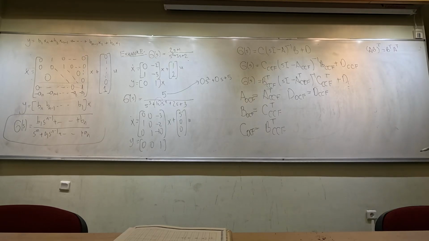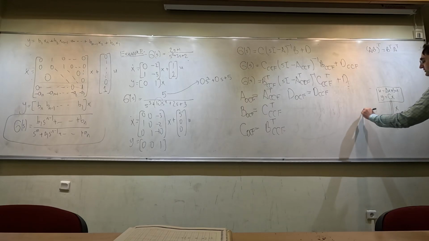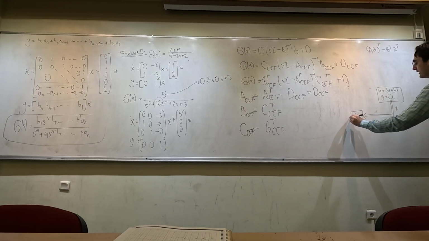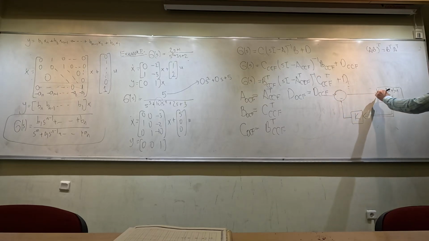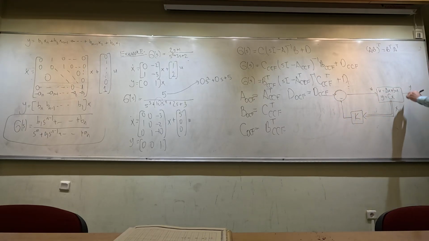In general, in state feedback, what we would like to do is the following. This is my state space representation. Y is equal to Cx. We extract the state and we feed it back into the system side. And I have a K here. And I close a loop given like this. This is U. This is Y.